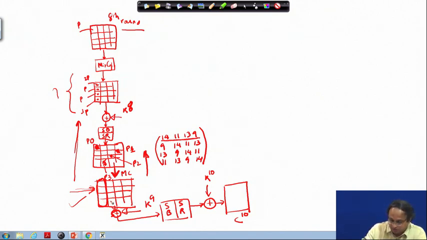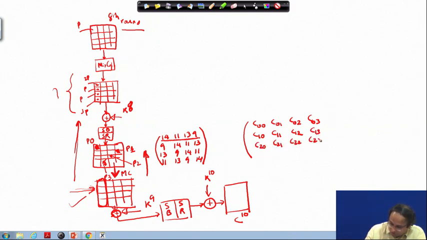So the 9th round cipher you can write as C00, C01, C02, C03, then C10, C11, C12, C13, C20, C21, C22, C23, C30, C31, C32 and C33. This is your 9th round cipher.